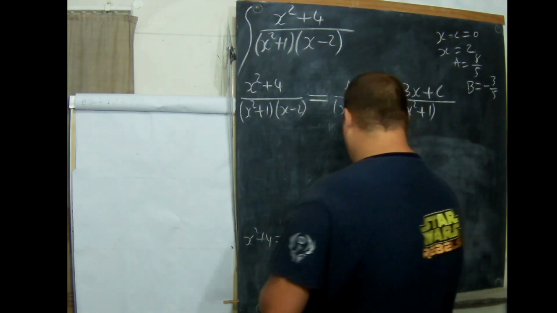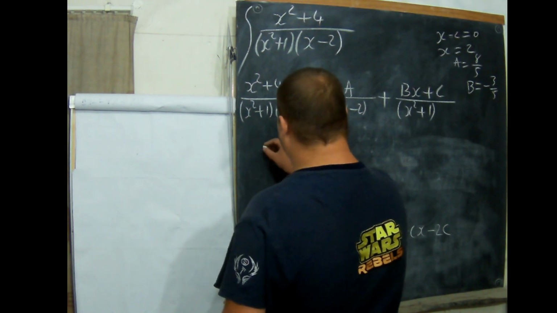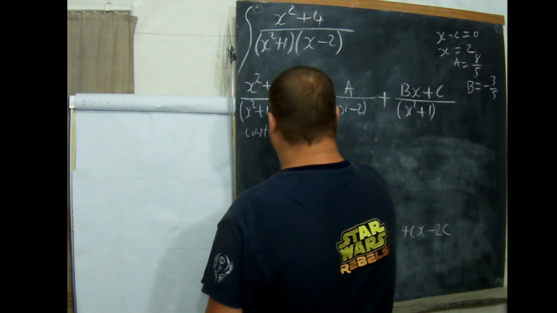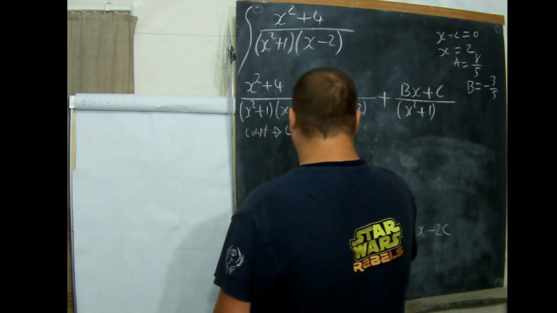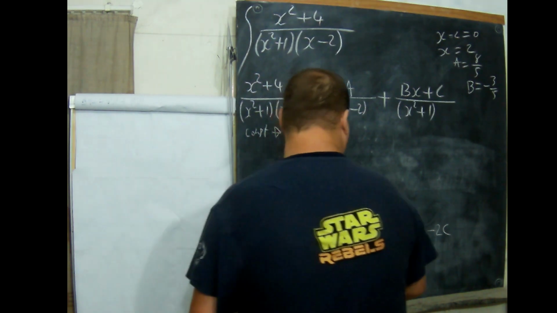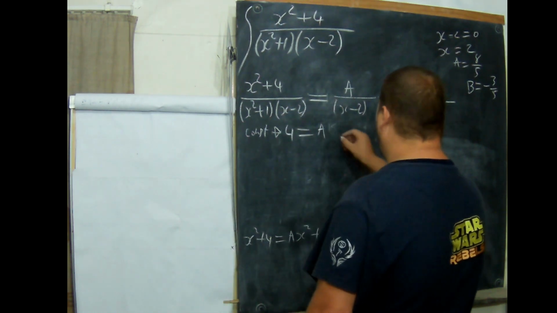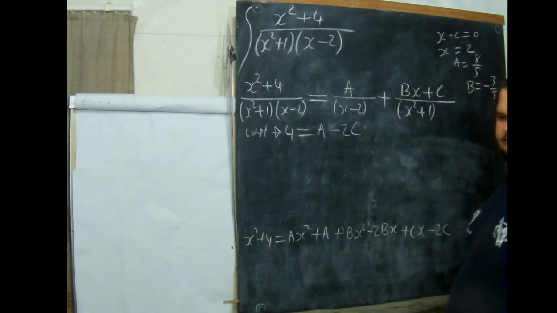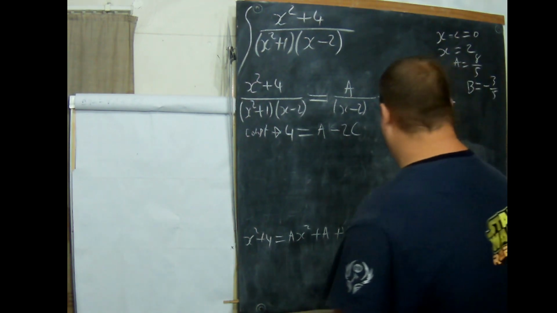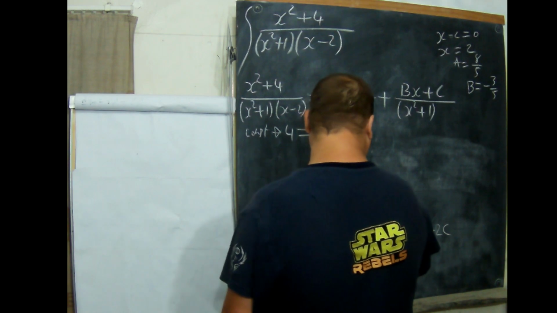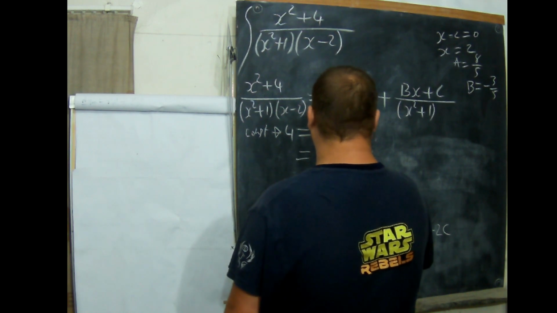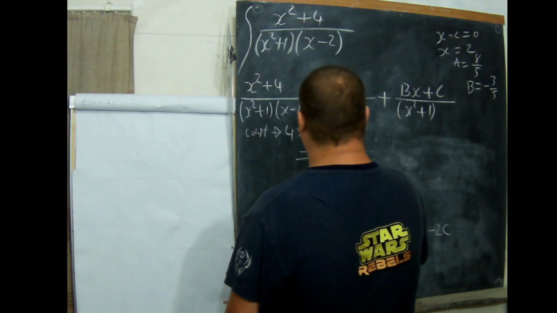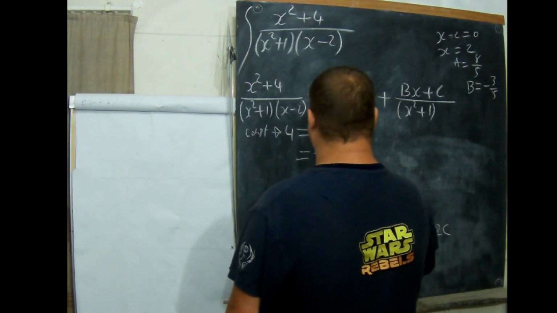So whenever we see a constant, 4 equals a minus 2c. So now what we are left with is 4 is equal to a, which is 8 over 5, minus 2c.